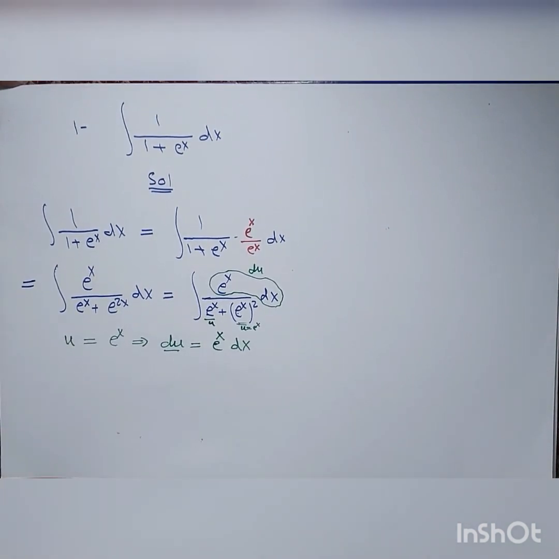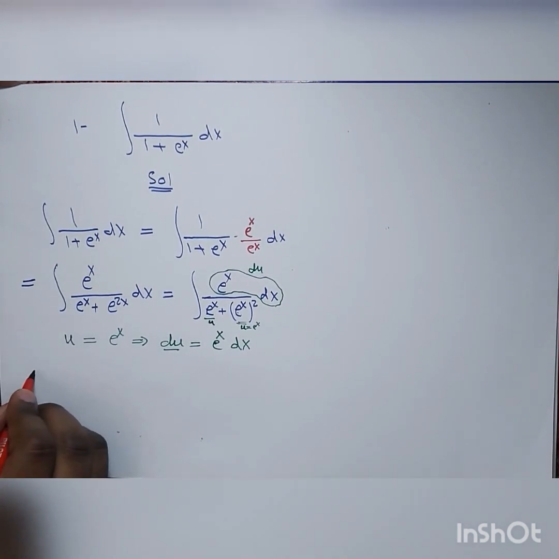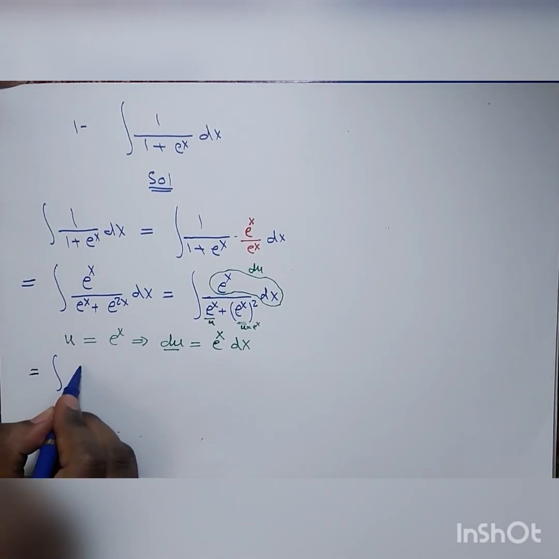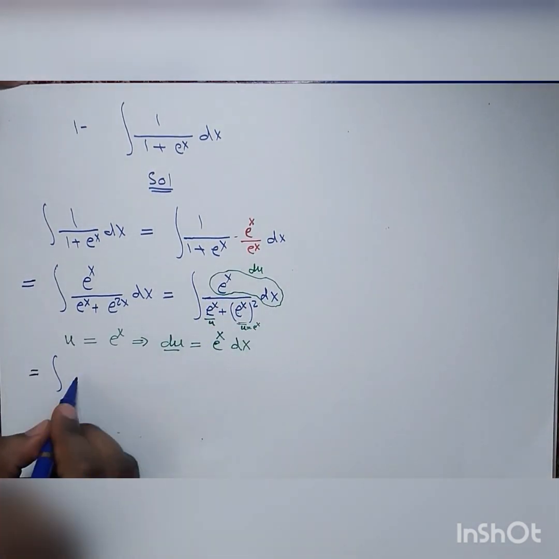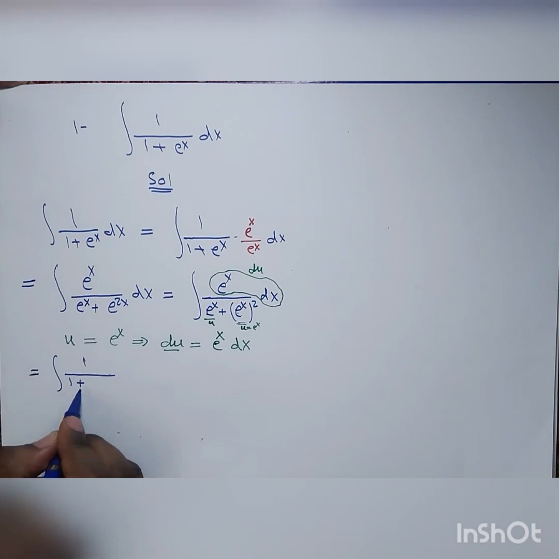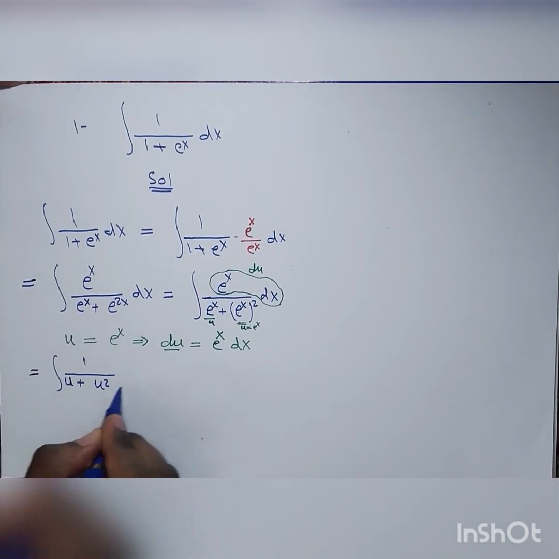So after using this substitution, our integral would become, everything here will be du. So here we have 1 divided by 1 plus, sorry, that is u, because e to the power x is u, plus u squared du.